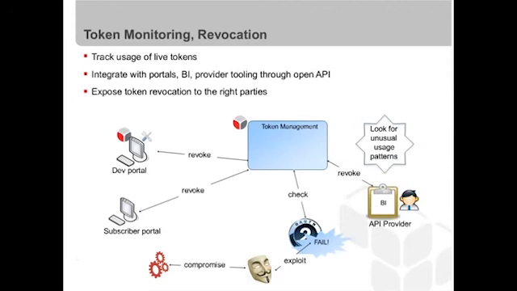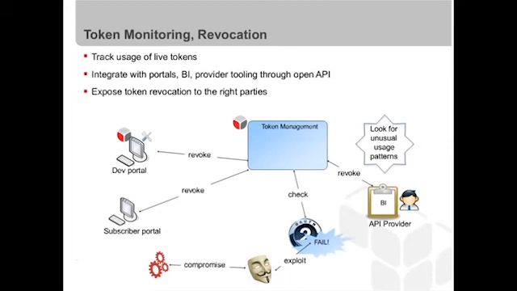The provider would send me an email that would confirm that I've authorized an application to consume this API, and it would be nice if I had a link in that email that would allow me to easily revoke this access. As part of the subscriber portal, I would also like to be able to see all the applications that I've granted access to, and revoke some of them if I feel that something might have been compromised.